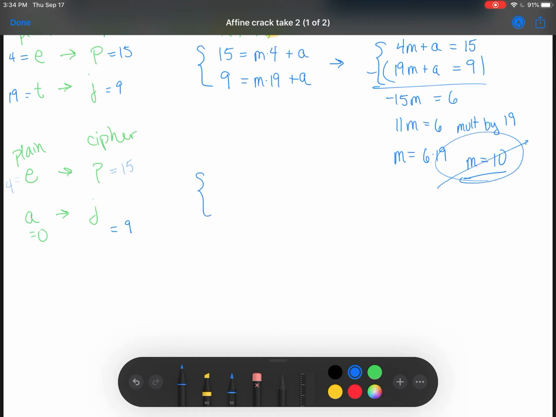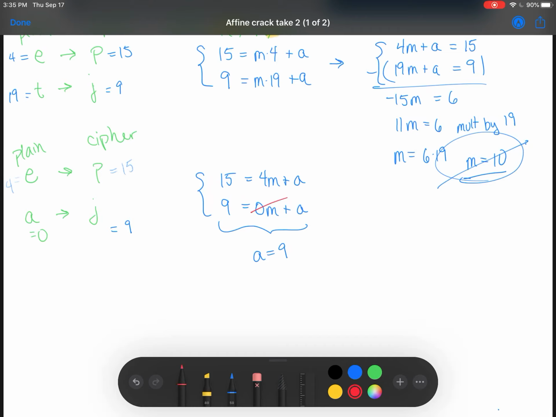If we make our system of equations this way, we get 15 equals 4m plus A, the same equation that we had before, and then 9 equals 0m plus A, because the A was 0 again. This is nice because 0m is just 0, so that goes away. And this tells us right away from the second equation that the additive key A is equal to 9. Okay, that's cool. We didn't have to do much work to find that.